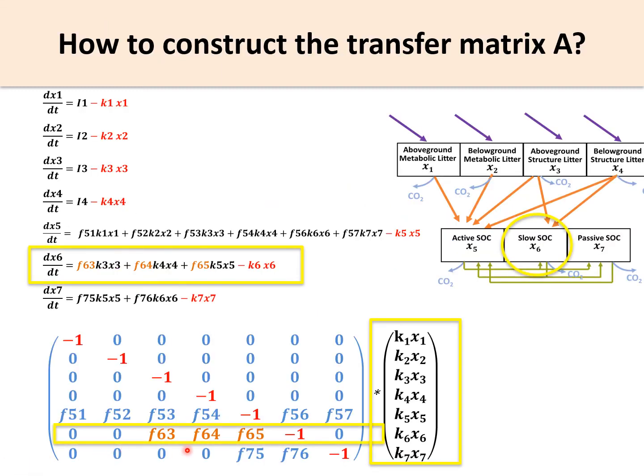So let's take the 6th row as an example. The result equals the sum of the products between elements of this row and this column.